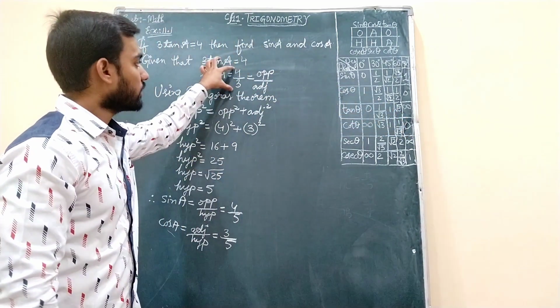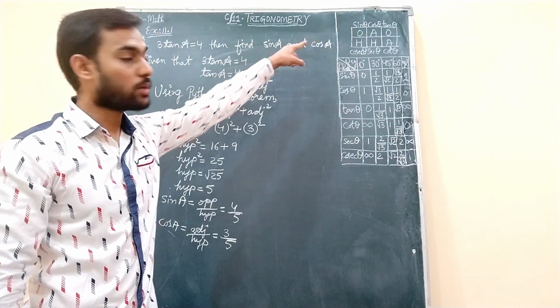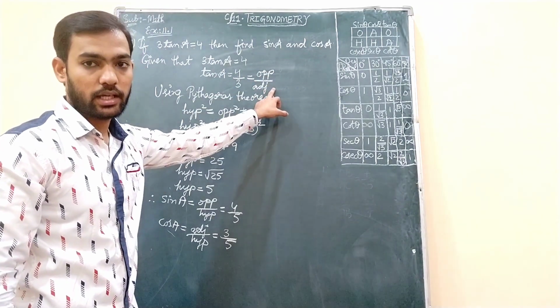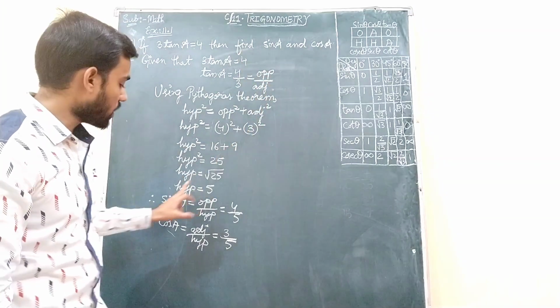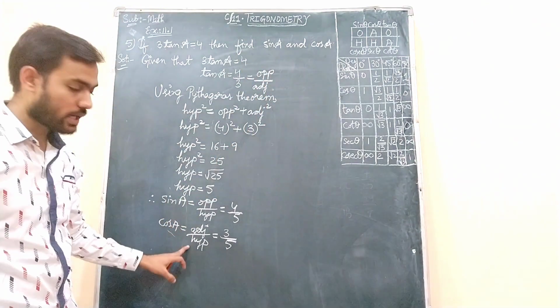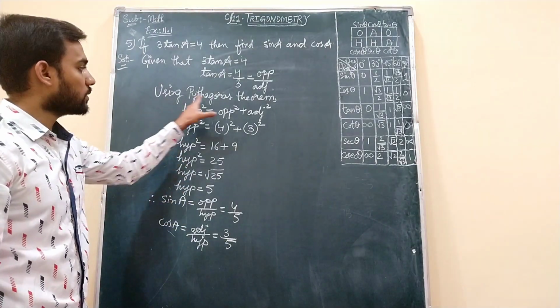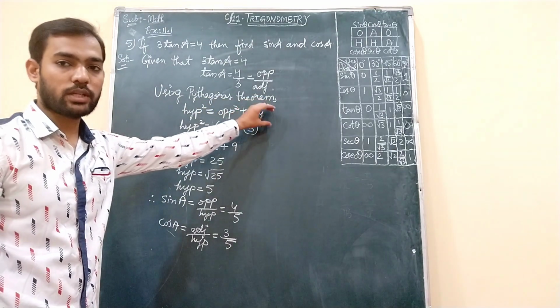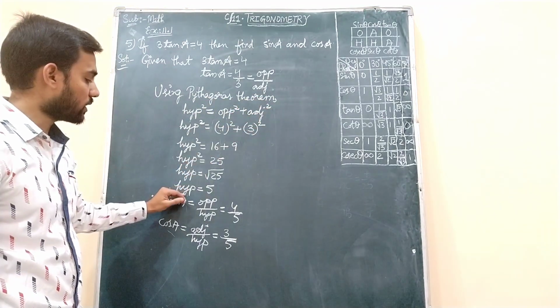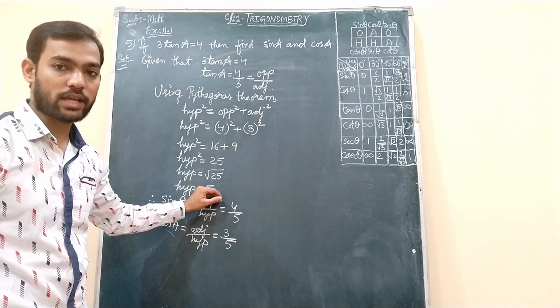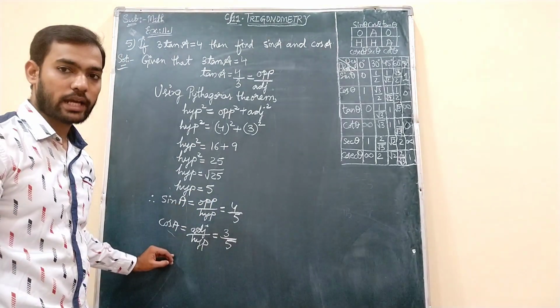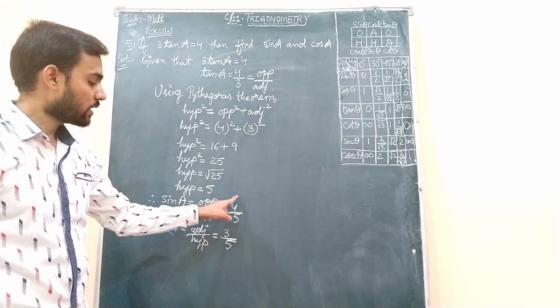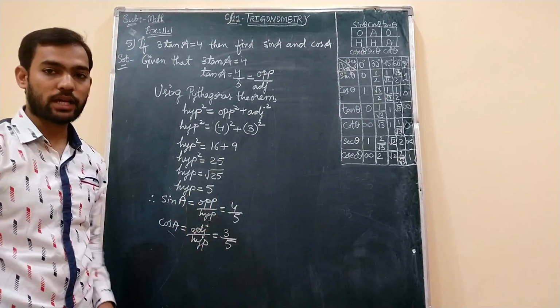So we used the ratio of sides formula, that is opposite by adjacent. The hypotenuse side is missing, because to find sin and cos you require the hypotenuse. So using Pythagoras theorem, we got the statement hypotenuse square equals opposite square plus adjacent square, and we got the hypotenuse as 5. Then we can find sin A and cos A by using the formula. We got sin A 4 by 5, cos A 3 by 5.